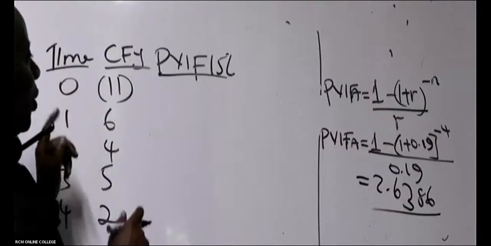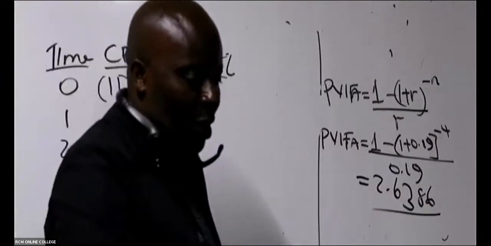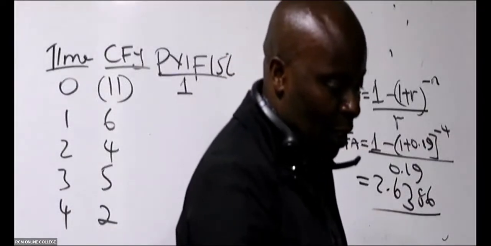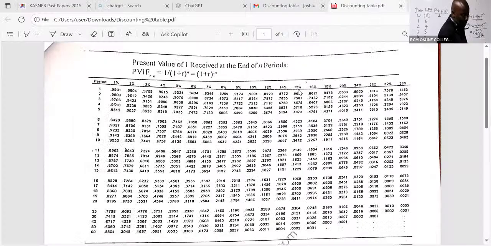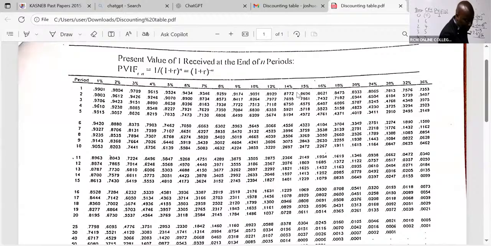Of course, for time 0, I know PV is always 1. So let's go to our table. Yeah, it is here, ladies and gentlemen. I can see 15% very clearly.